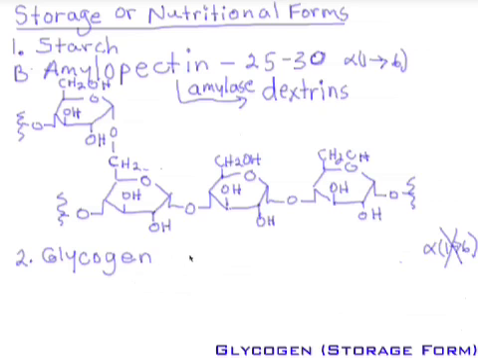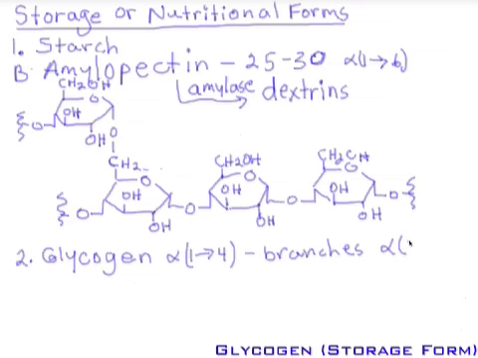That is, glycogen has alpha 1,4 linkages, and it has branching through alpha 1,6 linkages. The only difference with amylopectin is that these branches occur every 8 to 10 glucose units. And so glycogen is even more highly branched than amylopectin.